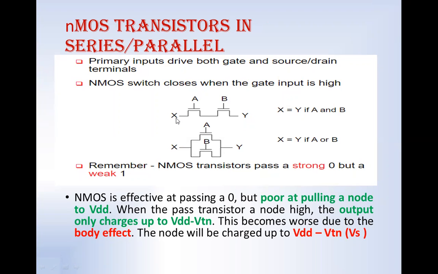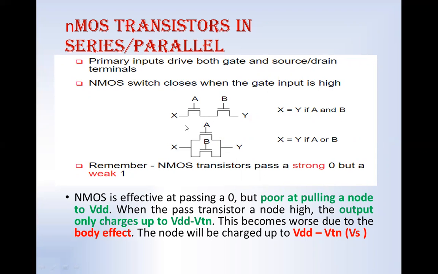If the voltage on X goes beyond 4 volts, the moment it is 4.1, then VGS minus VT starts reducing. When VGS is not up to the threshold voltage, the transistor immediately goes into the off state. So the value on X cannot be transferred to the output node.